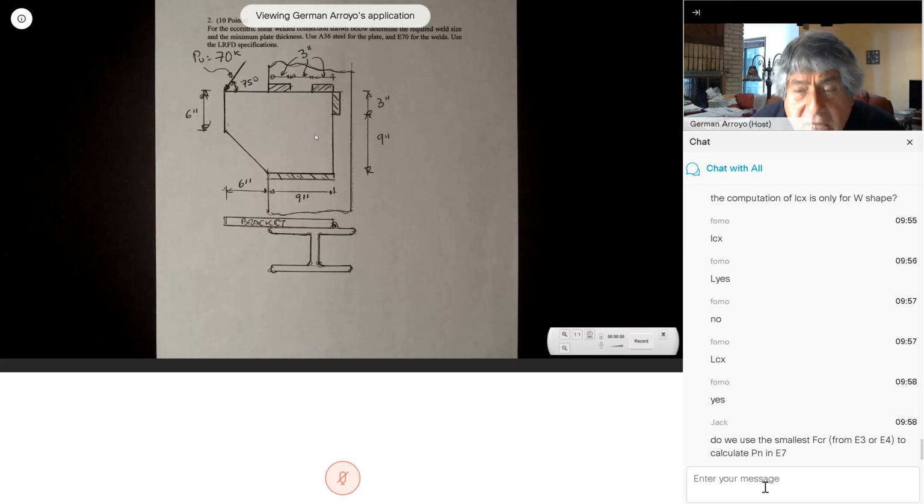And this is a case of eccentric shear. We had eccentric bolted connection and we had eccentric welded connection.